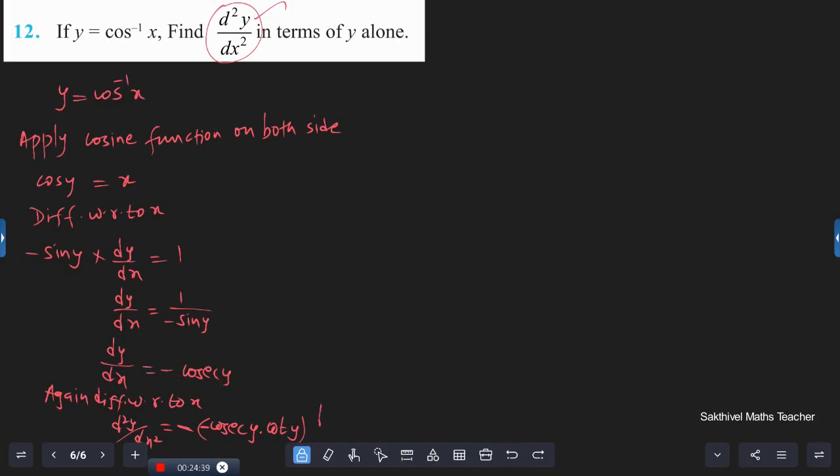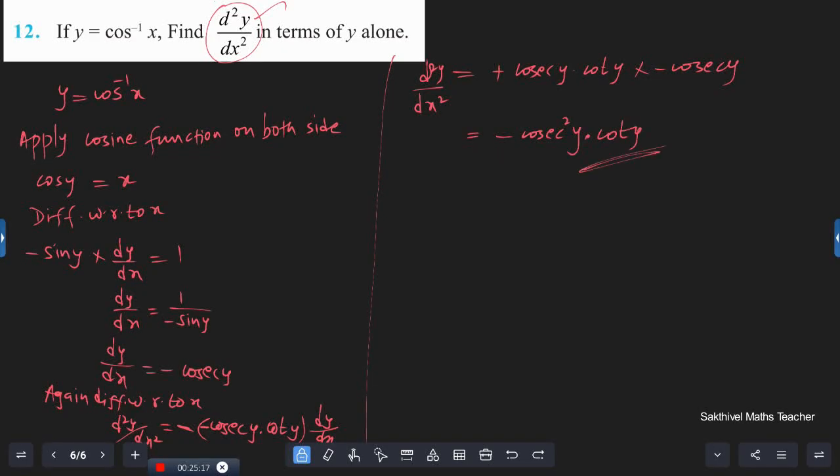So if you differentiate y, what will you be getting? dy divided by dx. Be careful, I thought it was x. So d square y divided by dx square is equal to minus into minus, plus cosecant y into cot y. What is dy by dx we have here? Minus cosecant y. Now see children, this cosecant will be multiplied. So plus into minus, minus cosecant square y into cot y. Is it okay now?